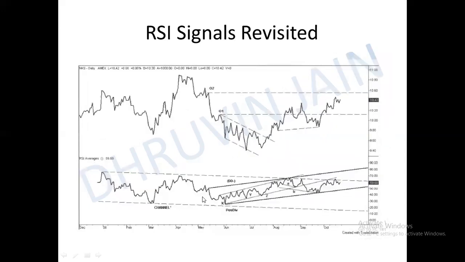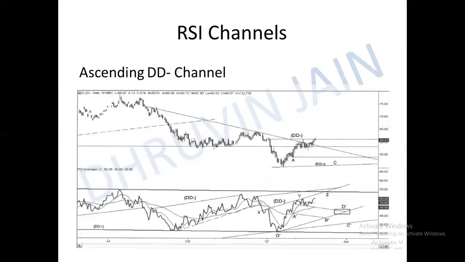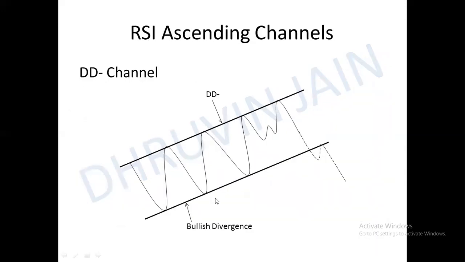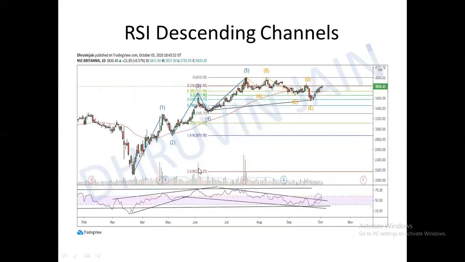The primary channels we will be making are channel ones, which are the descending channel and the ascending channel. Channel 2 and channel 3, especially channel 2, is nothing but a broader aspect of the RSI. We zoom out the whole chart and see what the broader structure, the broader framework of the RSI is, and accordingly we place the channels.